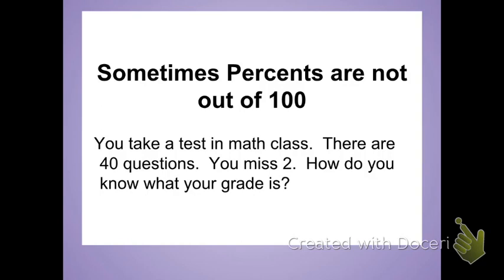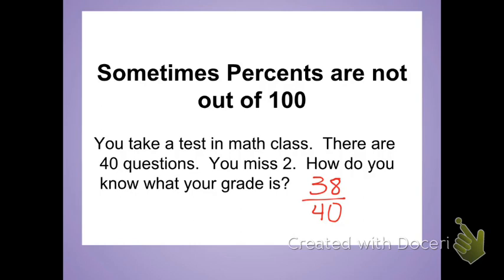There are 40 questions. If you missed 2, how many did you get right? 38. So you got 38 out of 40 right. You got it? That's the same as 38 over 40.